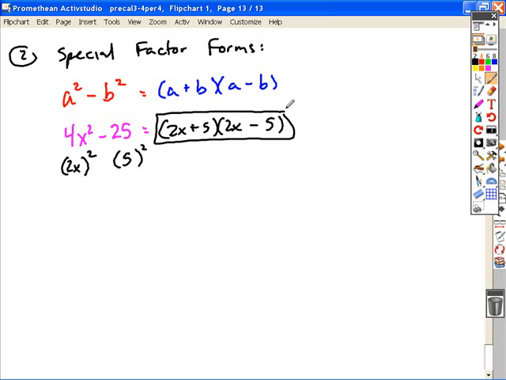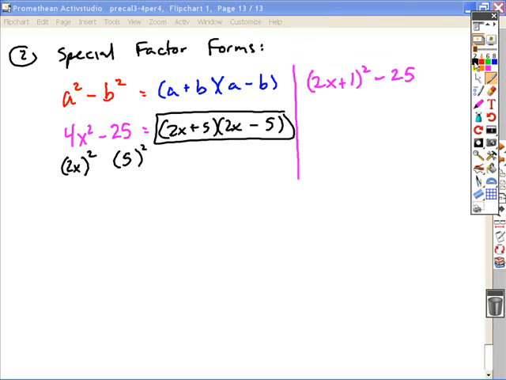Now I'll complicate things slightly by giving you a problem that resembles the following. Does this problem fit the same form? Is this the difference of two bases being squared?